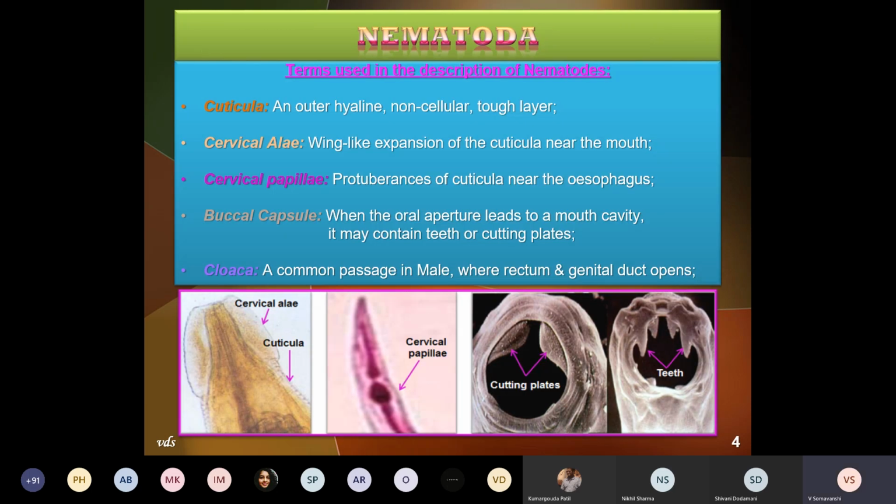Okay, I've got back. Are you able to visualize the PowerPoint, everybody?